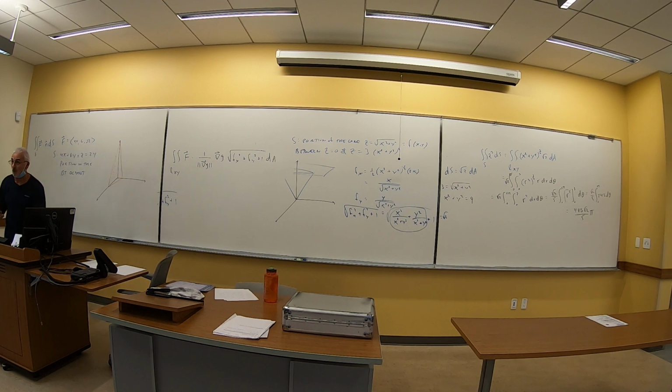Therefore, am I going to go z minus function or function minus z? Z minus function. Okay? So I need to define z, which was going to be my f of x,y, as 24 minus 4x minus 8y. Everybody okay with that?